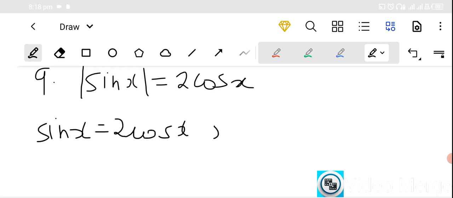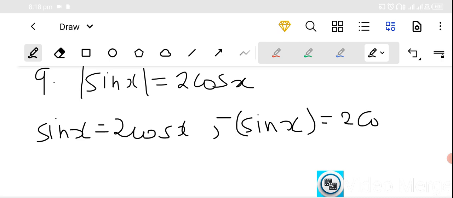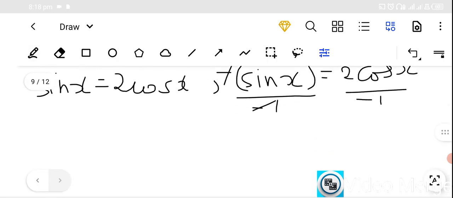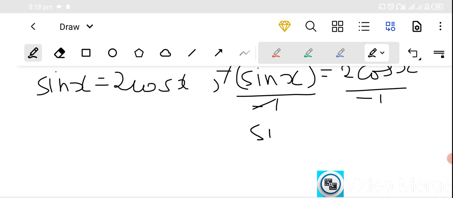where we can have sine x like that in parentheses, and then the negative is equal to 2 cos x, and you divide by a negative, divide by a negative, and then you can simply say sine x is equal to negative 2 cos x as your second one.